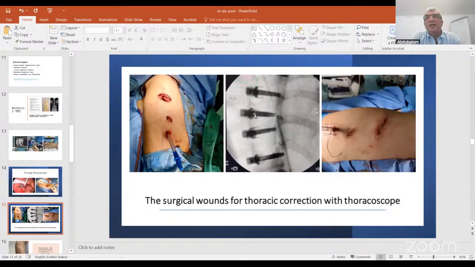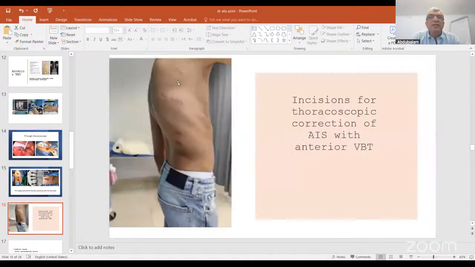And you can see the screws are put anteriorly, and you can see the chest tube, and the bigger incision, about 4 to 5 centimeters at the apex, and the one between the chest tube and the incision is for the scope. And here you can see, instead of having a big incision on the back, you can go with small incisions in between.